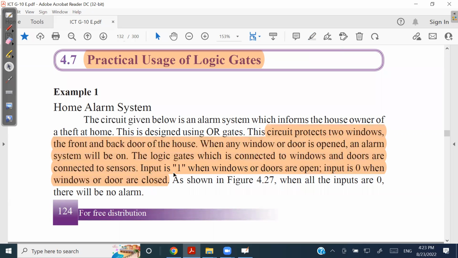Under that, it's better you start this sentence with the letter A. Instead of this, you are having a circuit that protects.